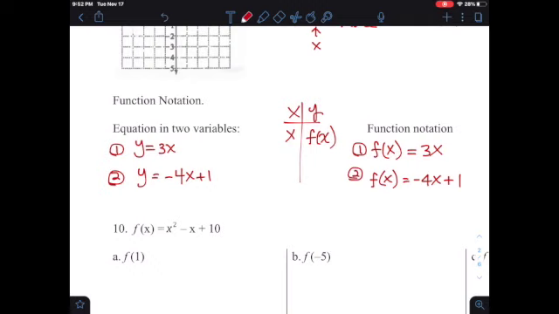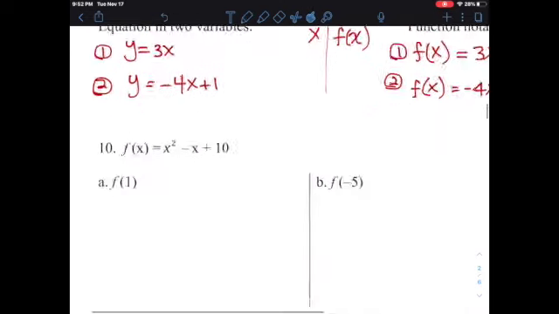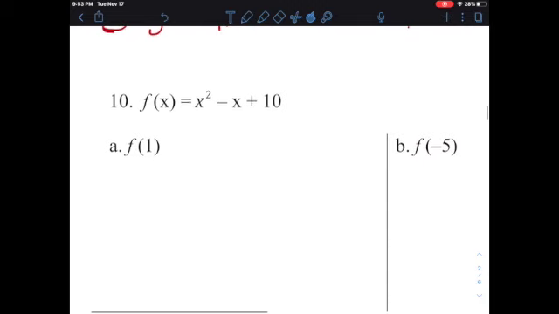So let's take a look at the example. Look at example number 10a. What they are saying is, okay, f of x is equal to x squared minus x plus 10. What happens when x equals 1? That means the 1 goes in here and replaces everybody else that has an x.